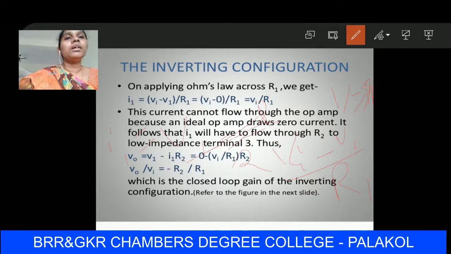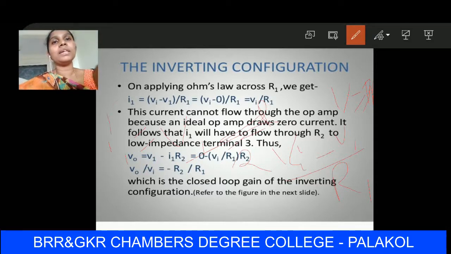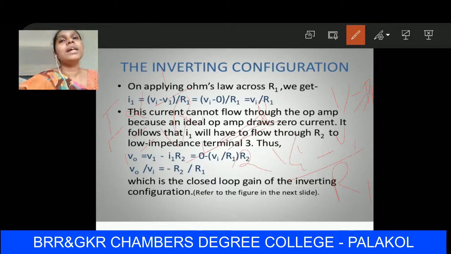This current can't flow through the op amp because an ideal op amp draws 0 current. Why? Because I is inversely proportional to the resistance. That means as the resistance decreases, the current increases, and as the resistance increases, the current decreases.